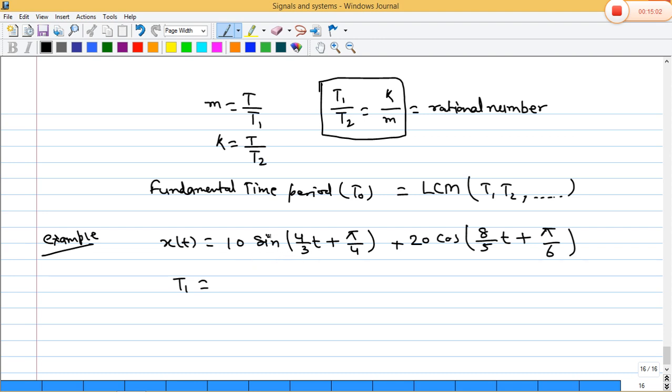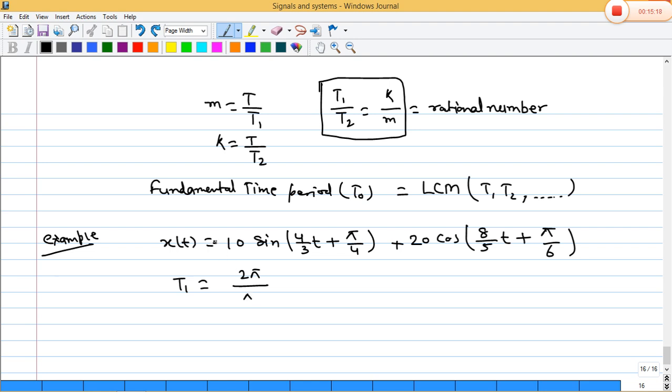What will be the time period of sine? It is 2 pi by omega.